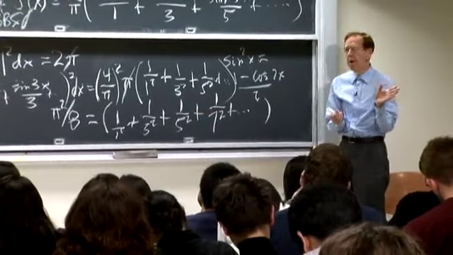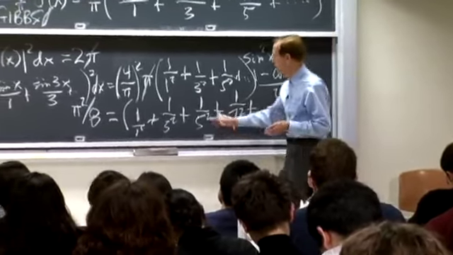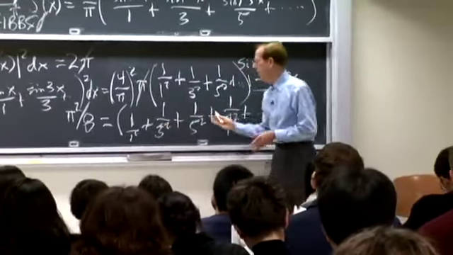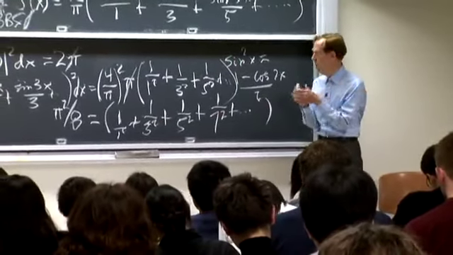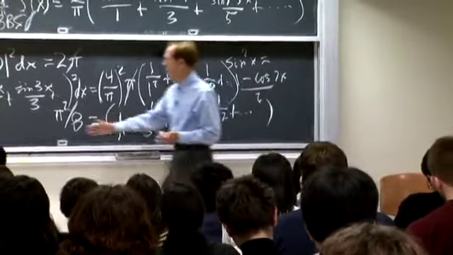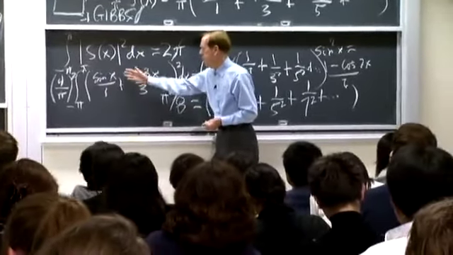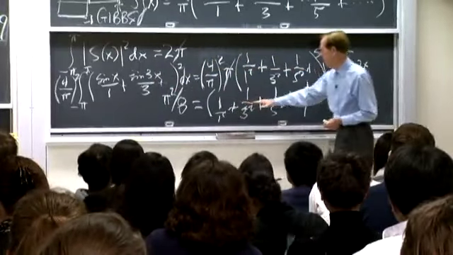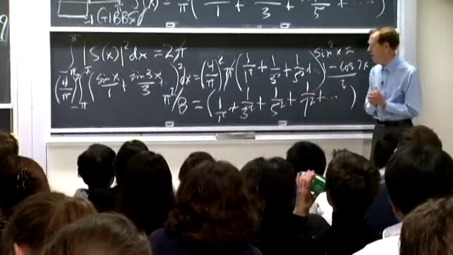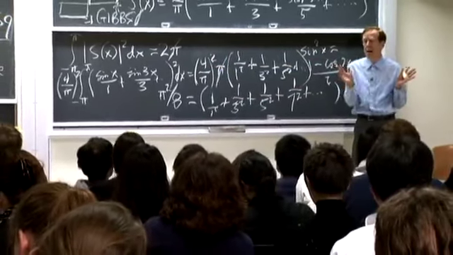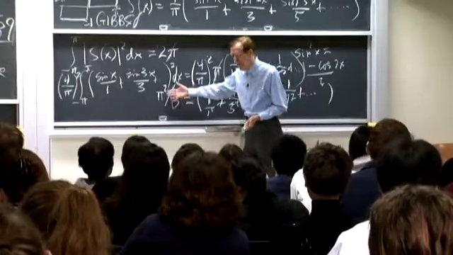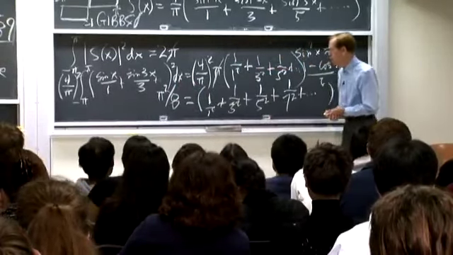If I picked another example, I could get the sum. Oh, this was all the odd numbers squared. If I picked a different function, I could have got one that also had the sine 2x over 2 and the sine 4x over 4. So this would have been the sum of all the squares. Do you happen to know what that comes out to be? I mean, here's a way to compute pi. We have a formula for pi here.